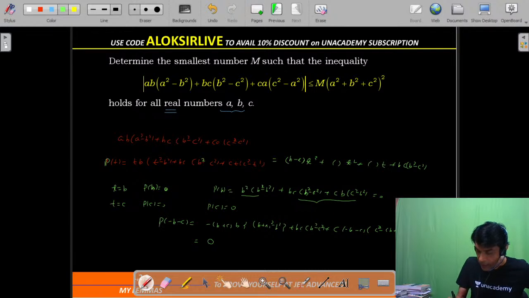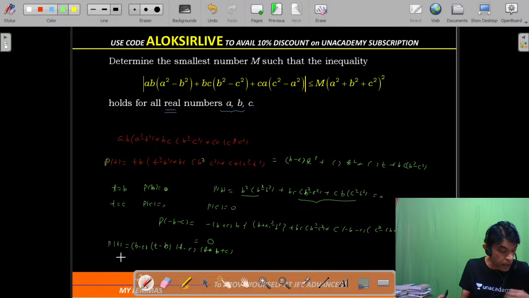Now once we factor, we get that this polynomial p of t is, a polynomial in t minus b, t minus c, and the leading coefficient is b minus c. So you can write b minus c here, and one more term was t plus b plus c, this one, right? Vieta jumping is of course very beautiful, but it has its own legitimate uses. This may not be the correct place.